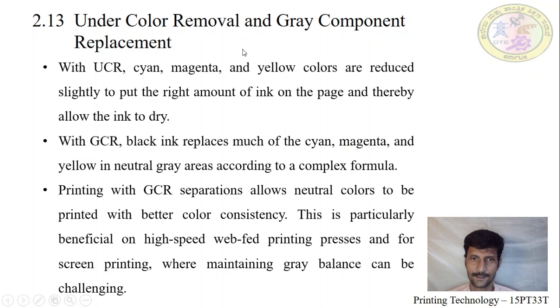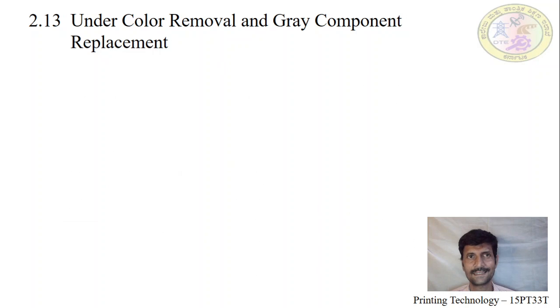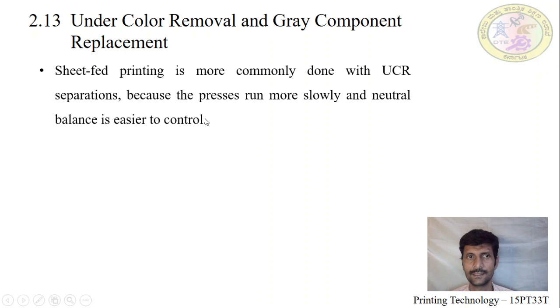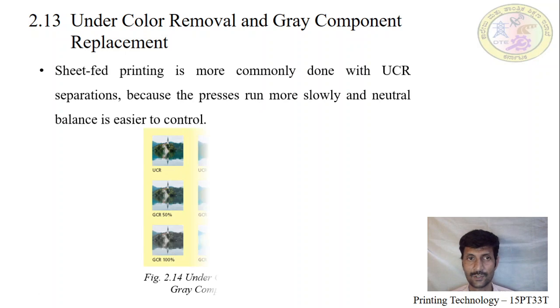In the printing industry, as we have already discussed, web offset high-speed presses use gray component replacement separation to balance the neutral. Next, undercolor removal in sheet-fed offset maintains the neutral balance, and commonly it is saturation.